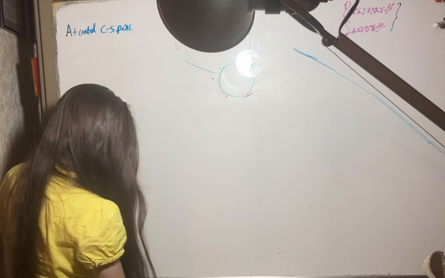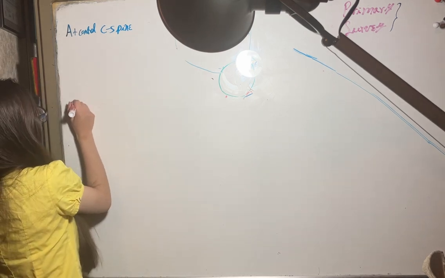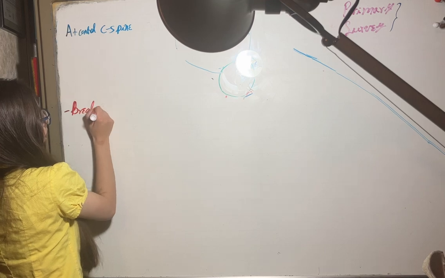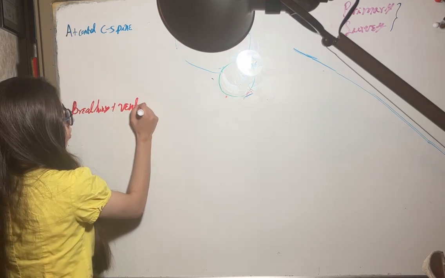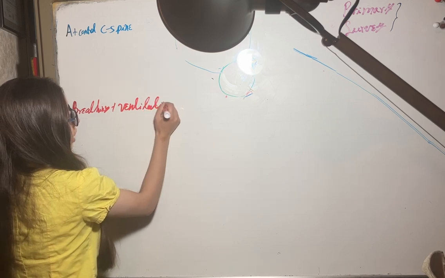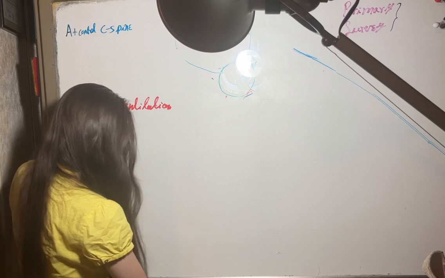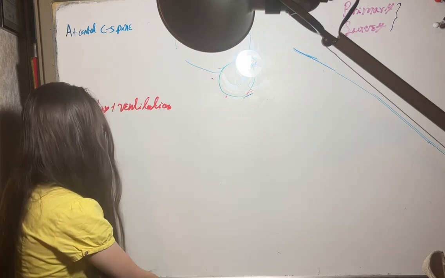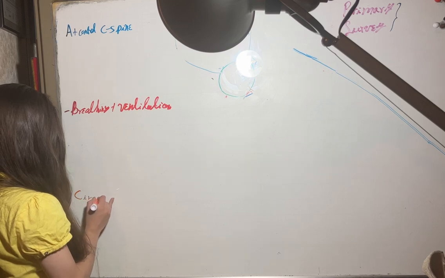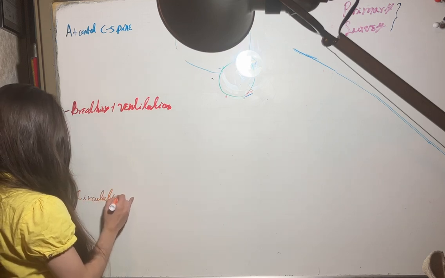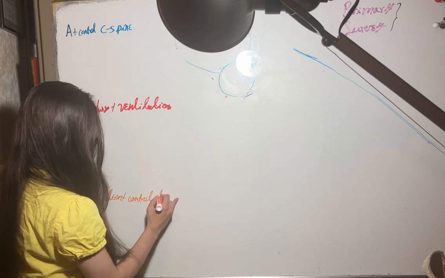Then B, which is breathing, and we also add ventilation. Then C, which is circulation and control of the hemorrhage.